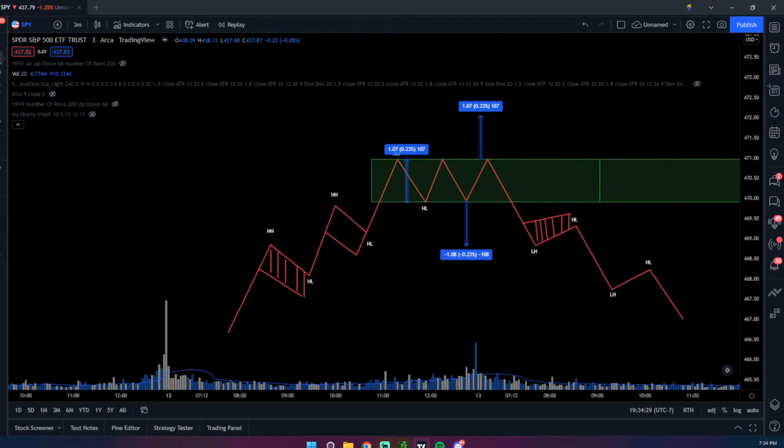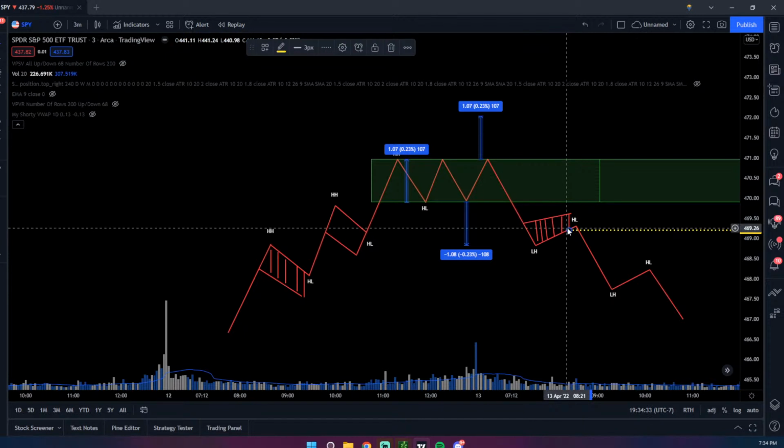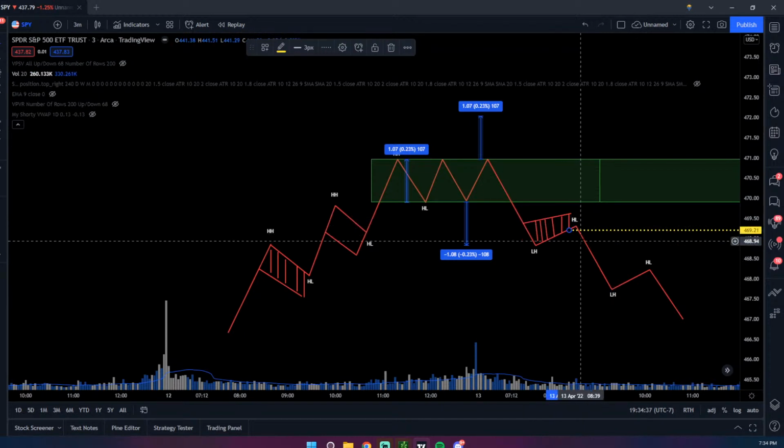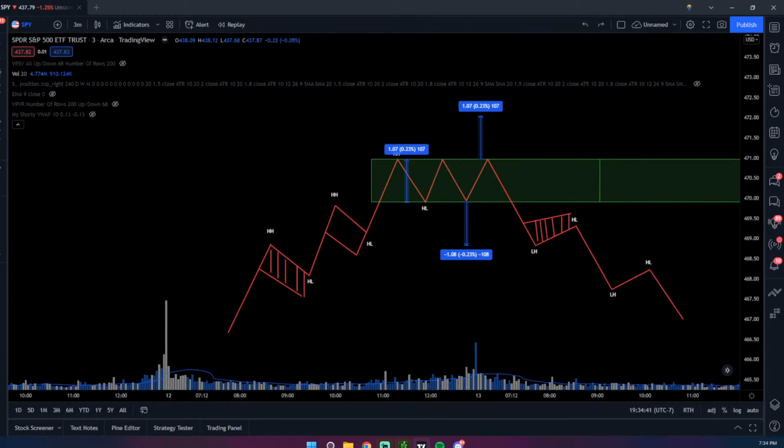But since I'm using the method where I'm using the last touch of the flag as my entry, I don't wait for a close. I just wait for a cross of my trigger to grab my puts.